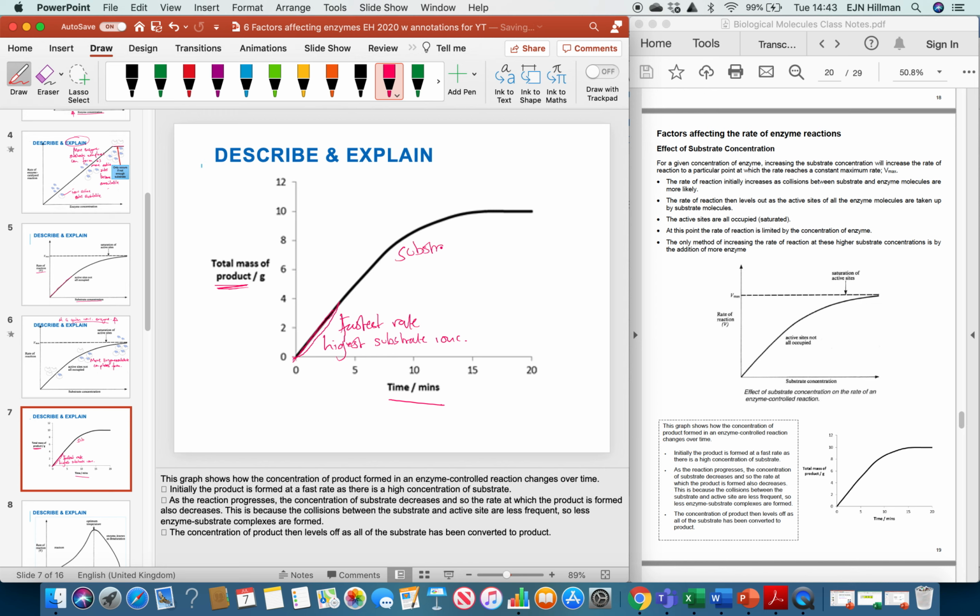So substrate is converted into product, so therefore we have a lower substrate concentration and fewer enzyme substrate complexes can form.